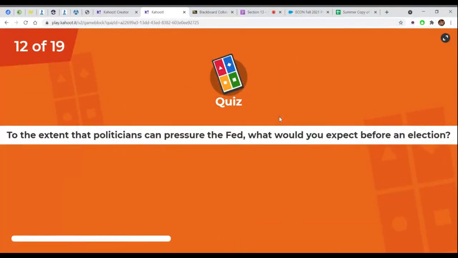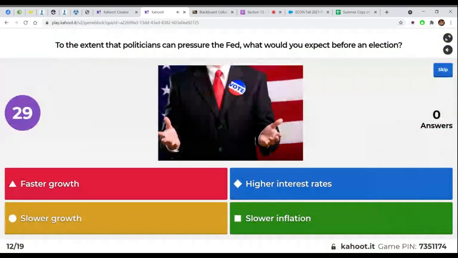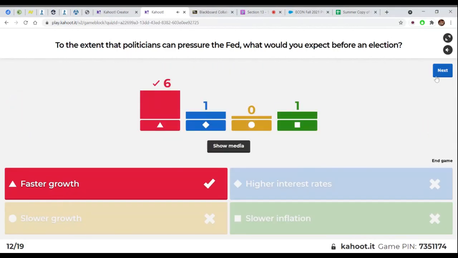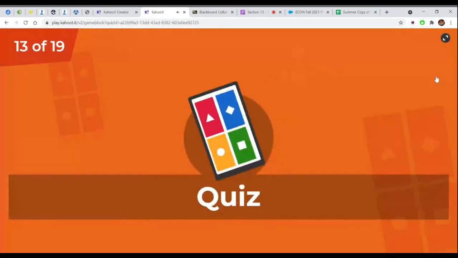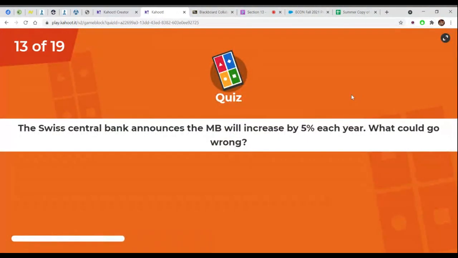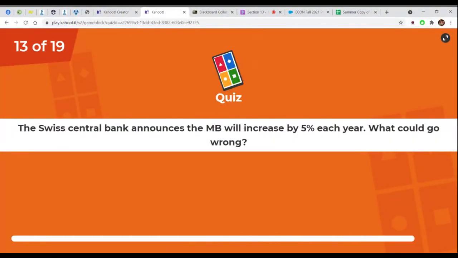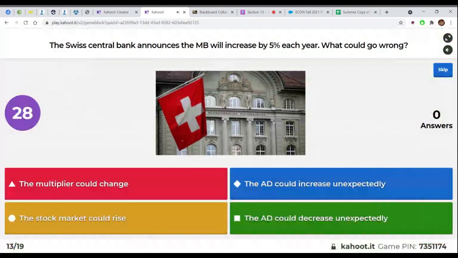12. To the extent that politicians can pressure the Fed, what would you expect to happen before an election? Faster growth, slower growth, higher interest rates, or slower inflation? Faster growth, that's right. They may boost the economy for election purposes. The Swiss central bank announces the monetary base will increase by 5% each year. What could possibly go wrong?